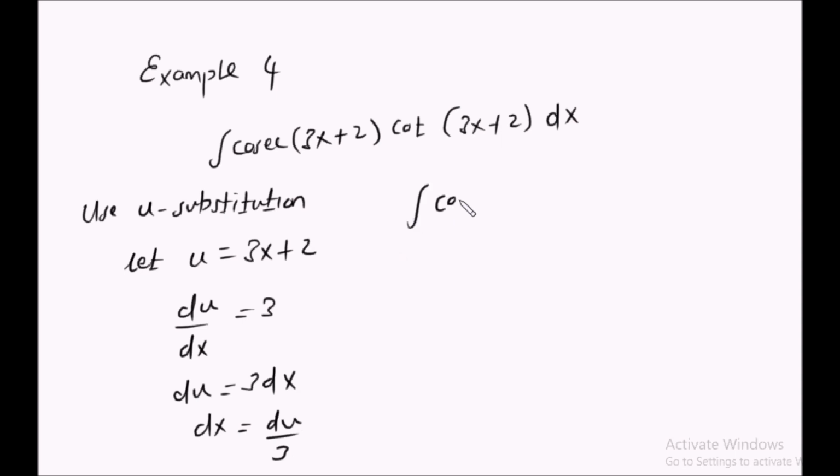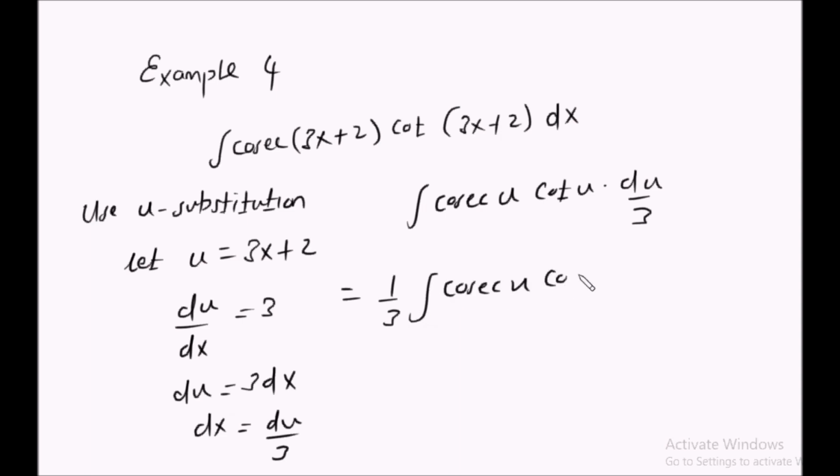So na substitute sasa. Kwa hiyo kwenye 3x plus 2 naweka u, and then kwenye dx naweka du over 3. So hii itakuwa ni sasa nitoa nje tu hiyo 1 over 3. So we have cosec u cot u du. So hii tumetaka kuifanya sasa hivi. Tumesema itakuwa ni nini? Itakuwa ni negative cosec u plus c.